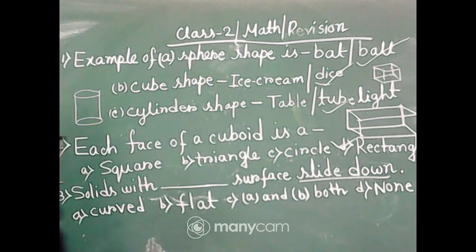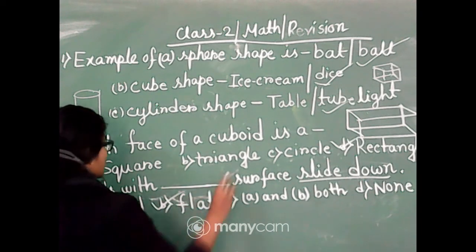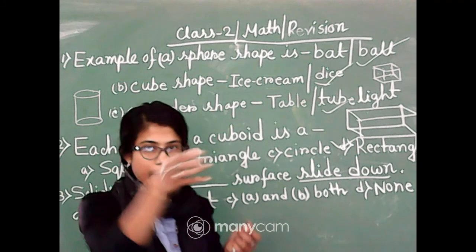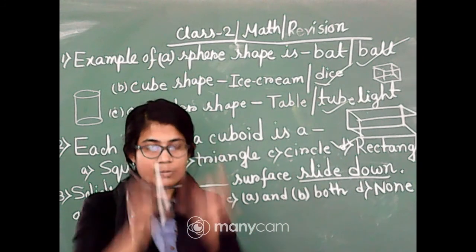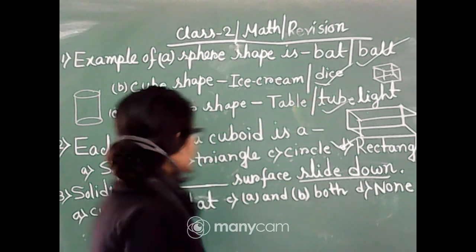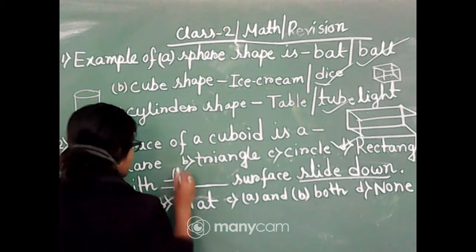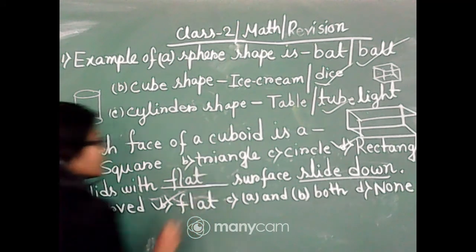So solids with which surface? Obviously only the flat surface, because curved surface means there will be a bend and obviously it will roll down, isn't it? So it will be a solid with flat surface that slides down.